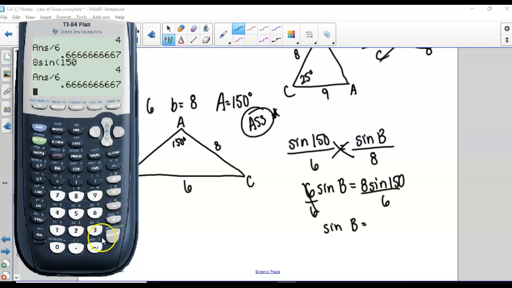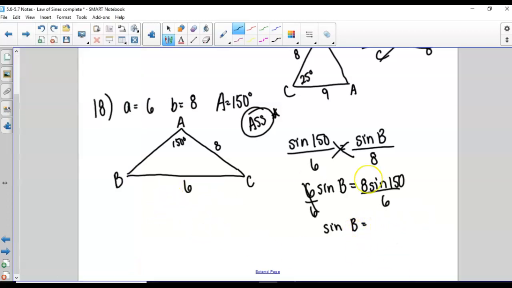I've done something wrong. Oh, okay. No, it's still not giving me what I want though. What have I done? Because I can take inverse sine of 0.6.